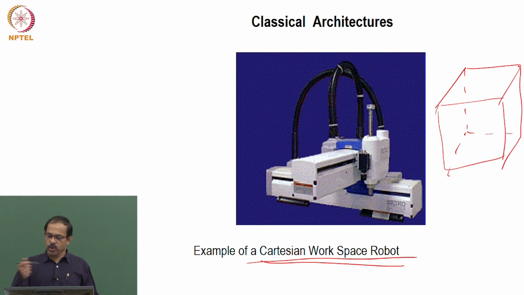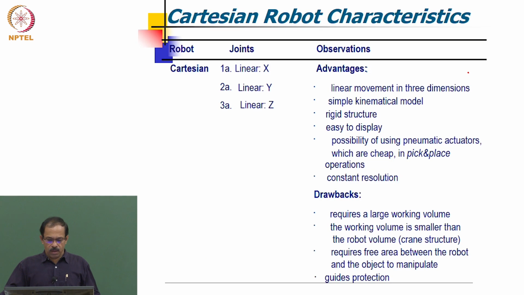Depending on where you place the workspace, you get a variation of this as the work envelope of the robot. So XYZ directly, you don't need any other parameters here. The linear motions XYZ give the position of the wrist itself, so you don't have any particular relationship here.